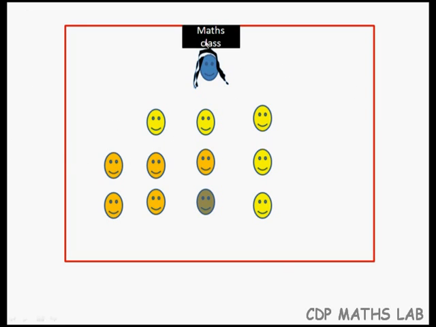Here we have a maths class. We have one teacher and 1, 2, 3, 4, 5, 6, 7, 8, 9, 10, 11 students. Now, we are asking you how many teachers are there if we have 110 students. Now, what is a ratio really?